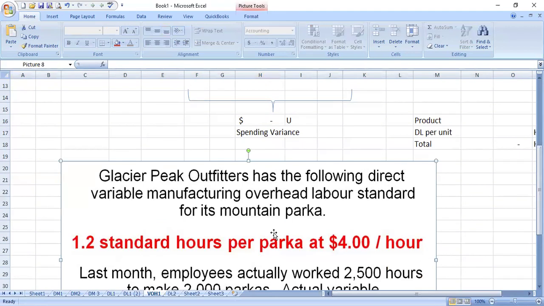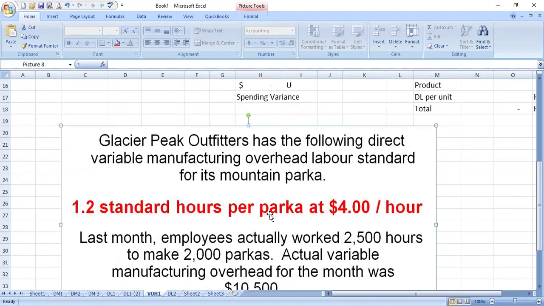So how are we going to find out which variance we're doing? Again, from the question. The question is going to drive you to the solution, which variance we have to use. In this case, we're following the variable manufacturing overhead standard for the mountain parka.